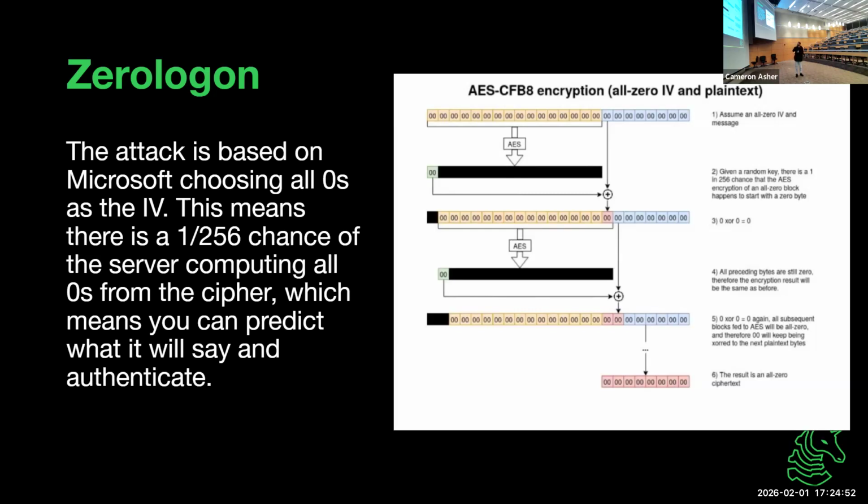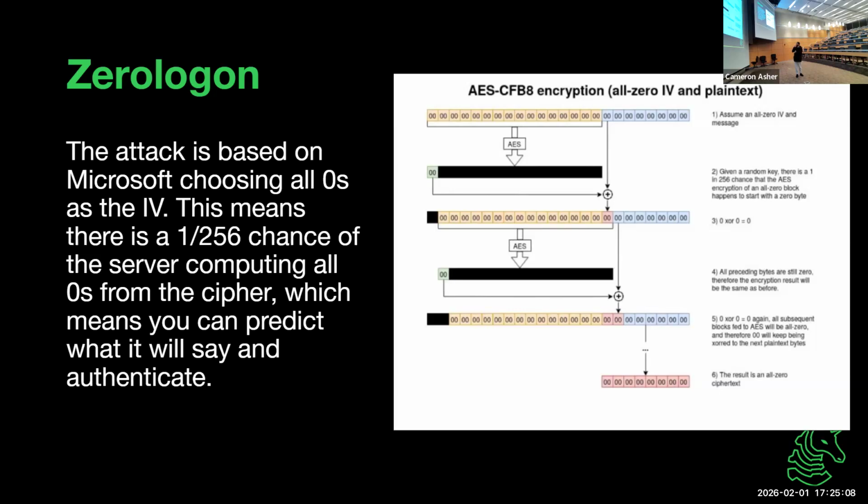And this has a 1/256 chance of happening, since it happens if and only if the first encryption had a 0 in the beginning, and we're assuming this is a random function.